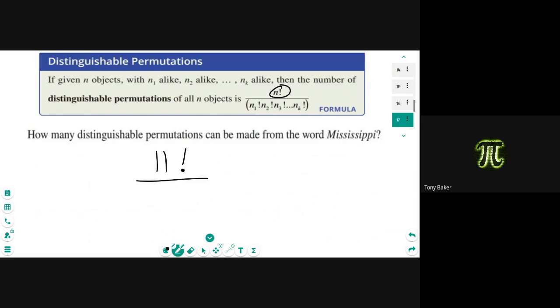How many M's are there? So on the bottom, I put 1 factorial. How many I's are there? So I put 4 factorial. How many S's? How many P's? So that's how I set that up.